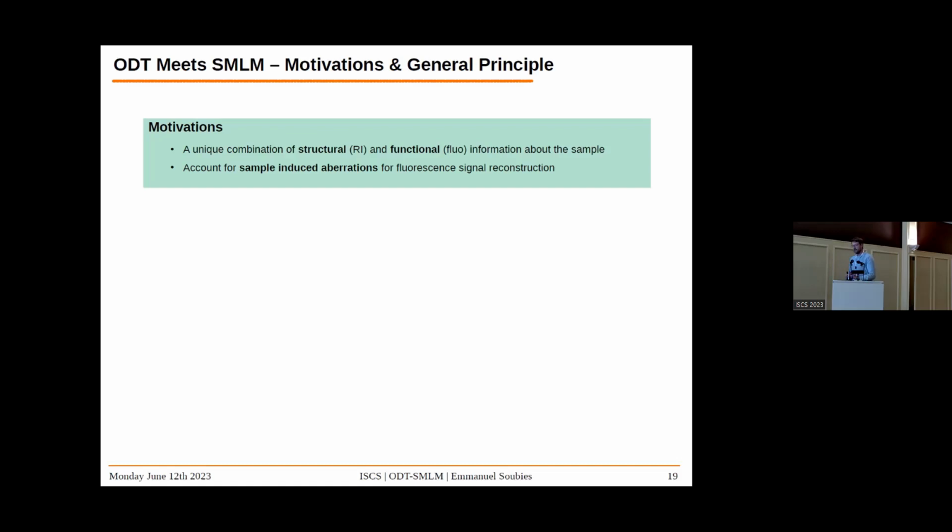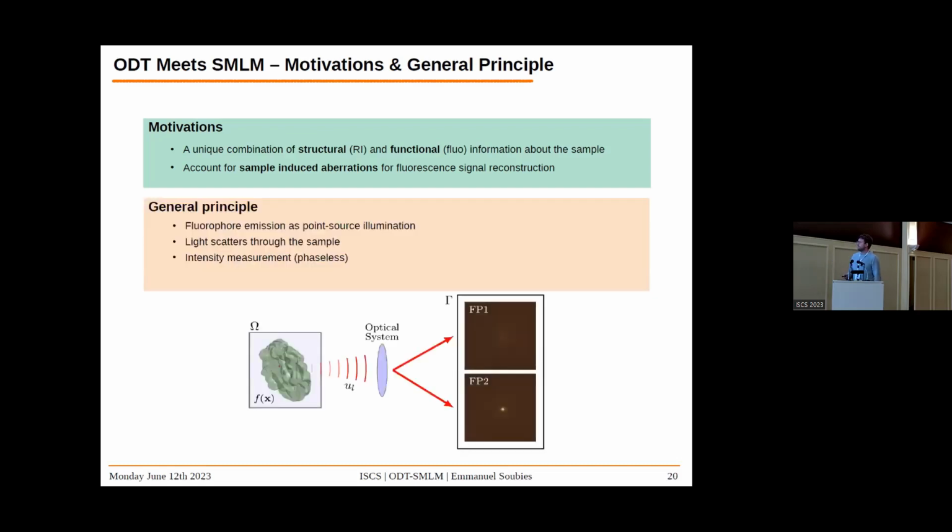And having access to the refractive index when we estimate it will allow us to take into account, in the estimation of the molecule localization, the aberrations that are induced by the sample itself. The general principle is to consider that the molecules inside the sample act as the illumination source, and they travel through the sample, diffract, and will be recorded.